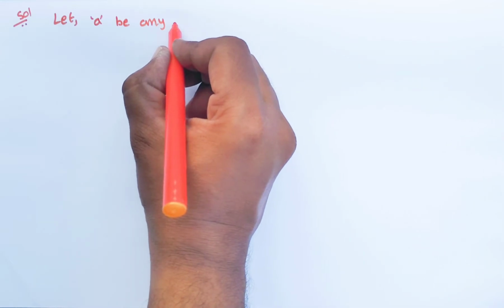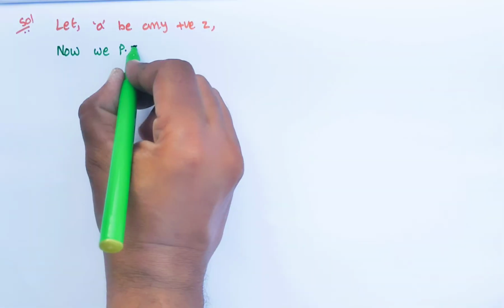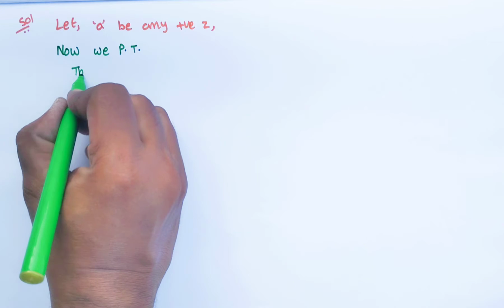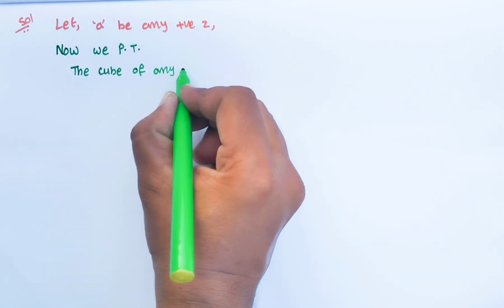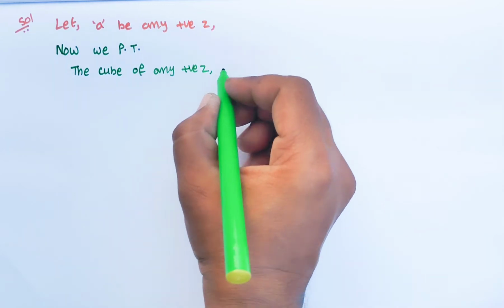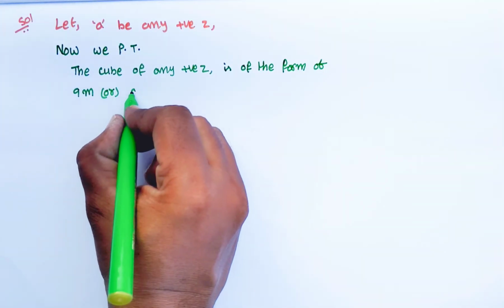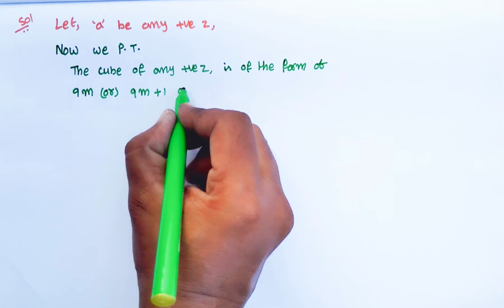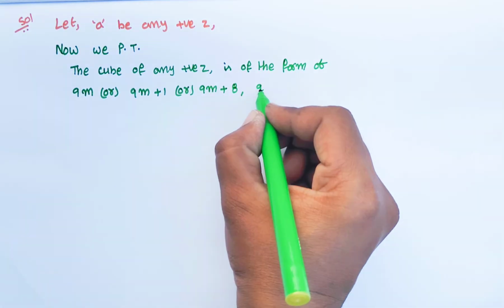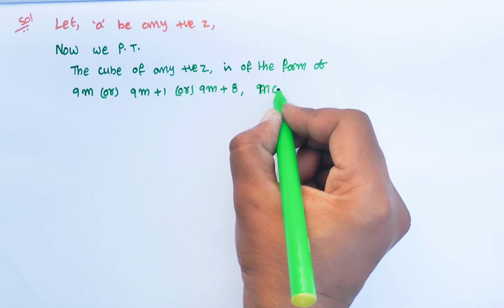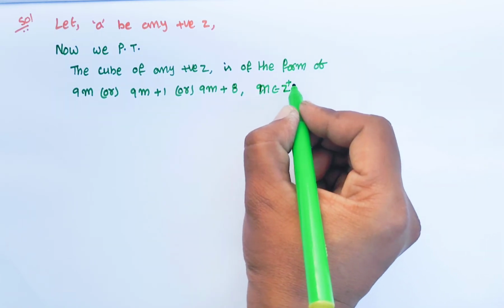Let a be any positive integer. Now we prove that the cube of any positive integer is of the form 9m or 9m plus 1 or 9m plus 8, where m belongs to Z plus, that is some positive integer.